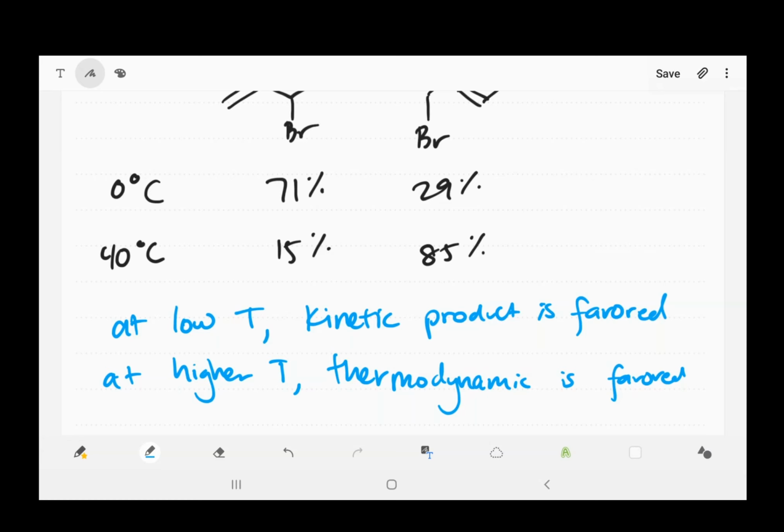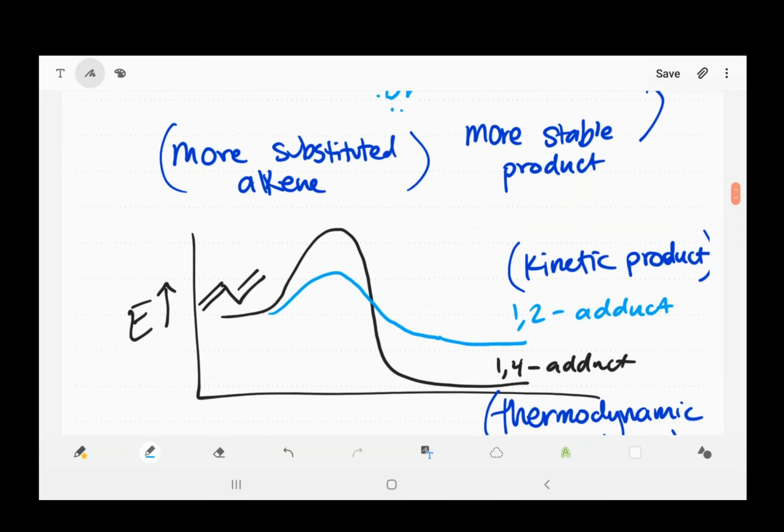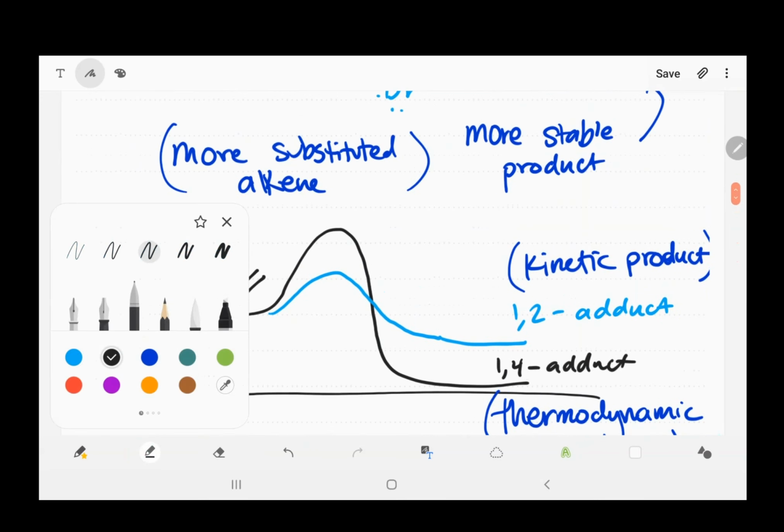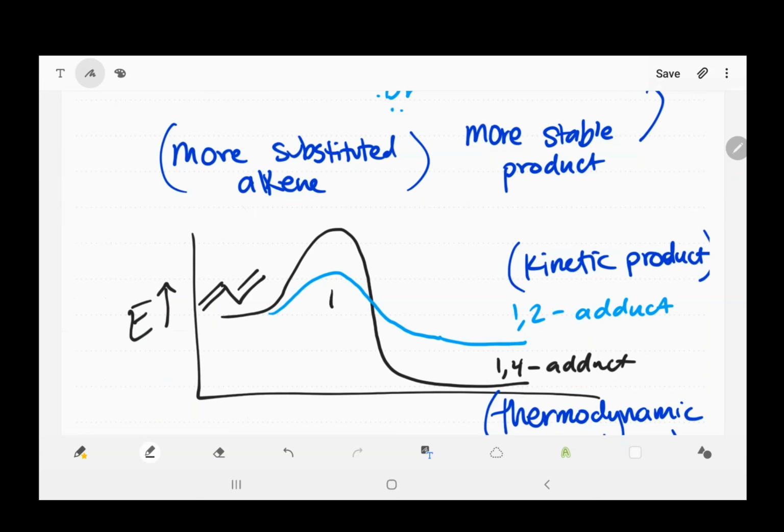And there's a lot of ways to explain this. We can say in terms of activation energy. If we go back up to that lovely graph, remember we have activation energies here. We have an activation energy here versus another.